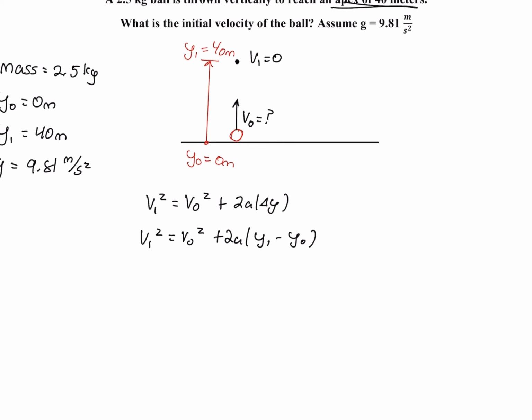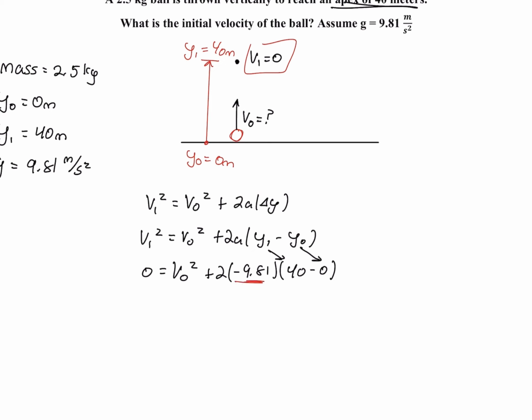So we know that v1 is equal to 0 based on our diagram up here. We're solving for v0, so that's going to stay like that, plus 2 times negative 9.81 times 40 minus 0, because y1 is equal to 40 and y0 is equal to 0.